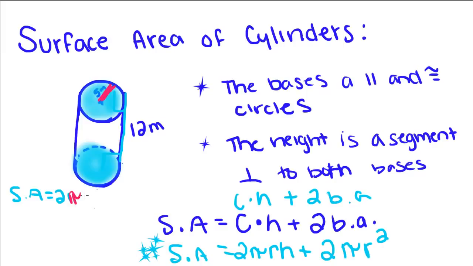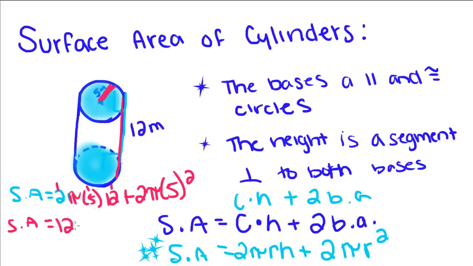So 2 pi 5 times the height, which is 12, plus 2 pi r squared. So for the surface area, we get 2 times 5, which is 10, times 12 is 120 pi, plus 5 squared is 25. 2 times 25 is 50, 50 pi. So when we add those together, we get 170 pi for our surface area.